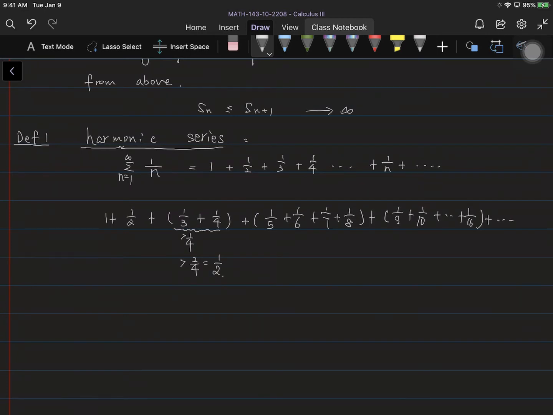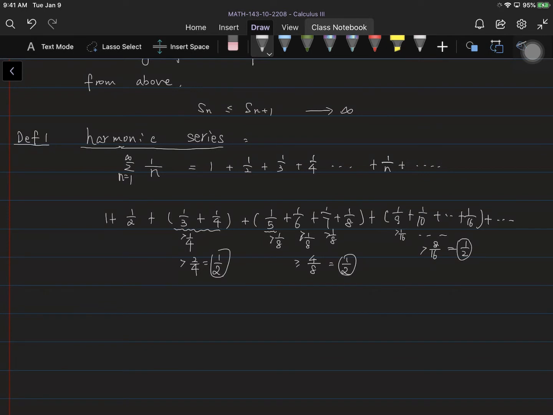The same thing here: 1/5 is greater than 1/8, and each of these four terms is greater than or equal to 1/8. So the sum of those four terms is greater than or equal to 4 over 8, which is also 1/2. And the next group, each term is greater than 1 over 16, so that group is greater than 8 over 16, which is also 1/2.